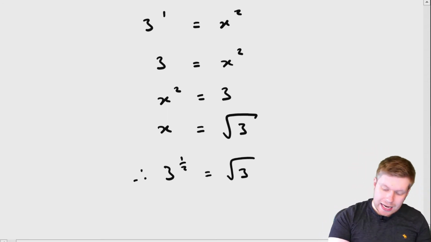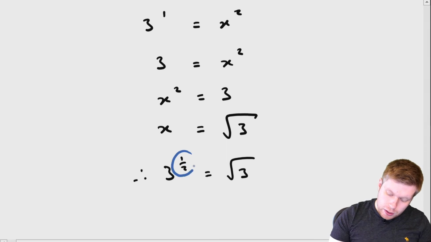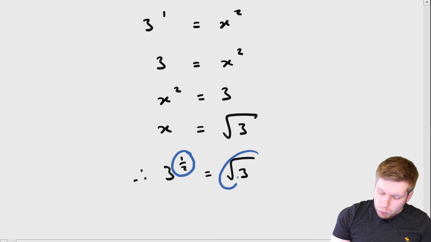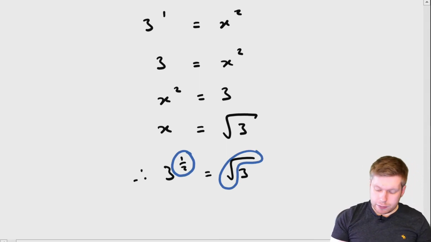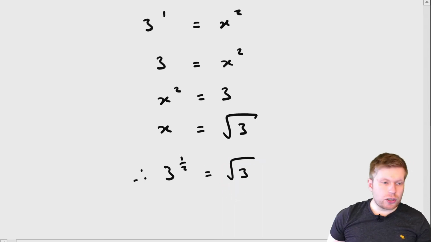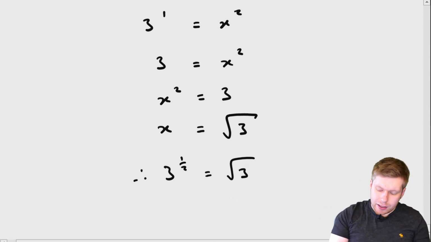Now, do you notice any relationships between the power and what's going on over here on the right hand side? Okay, so I've got power of half, then I'm taking the square root. So the same base is there. I can still see the 3 here and still see the 3 here.